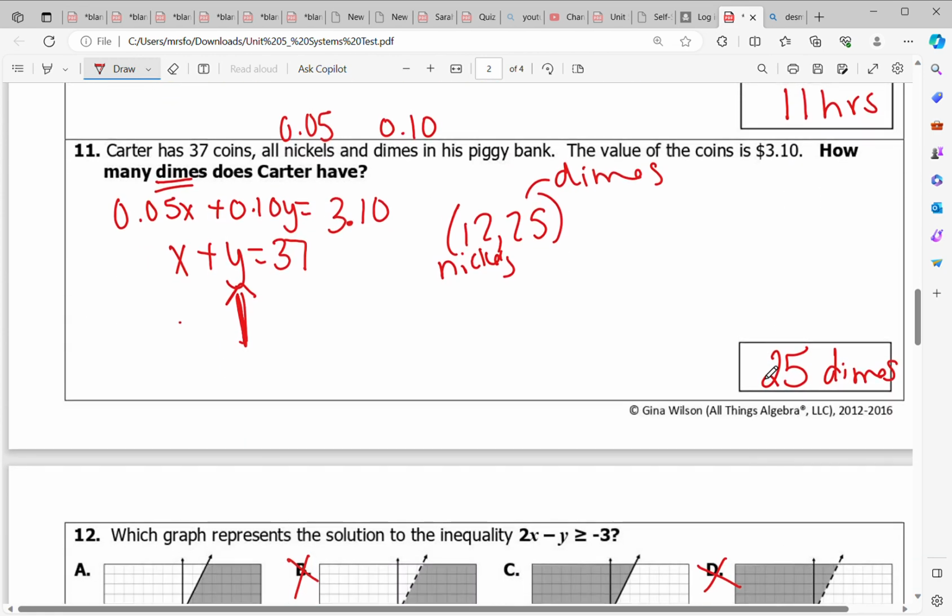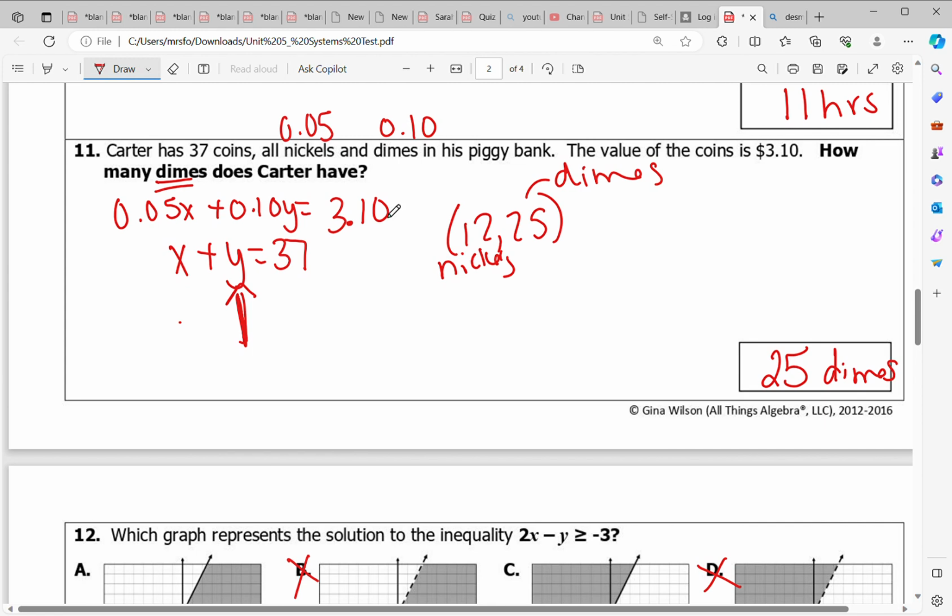In number 11, 37 coins, all nickels and dimes in his piggy bank. So X plus Y is 37. That's the total number of nickels plus the total number of dimes. Then a nickel is 5 cents, a dime is 10 cents.